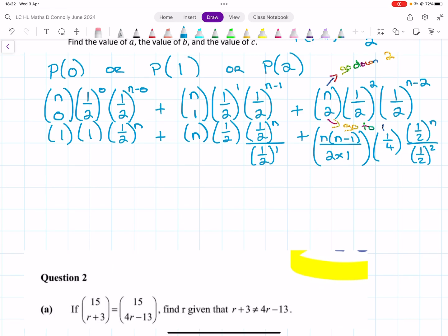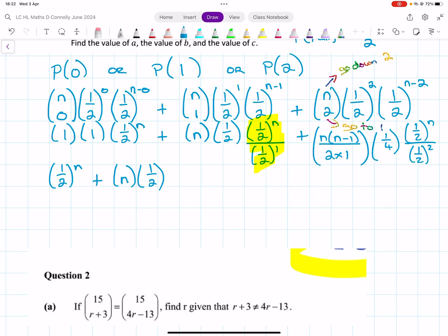Oh, right. So this is a half to the power of n, that whole first one. This one is n times a half. I'm going to KFC this. So it's going to be a half to the power of n multiplied by 2 over 1, because the bottom line to the power of 1 is just a half.